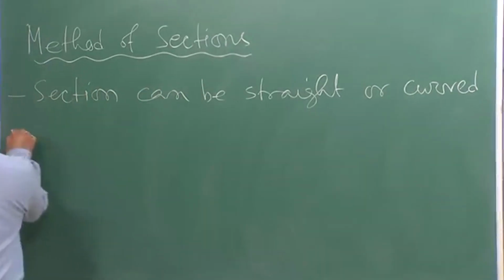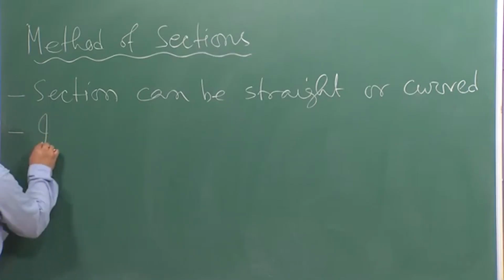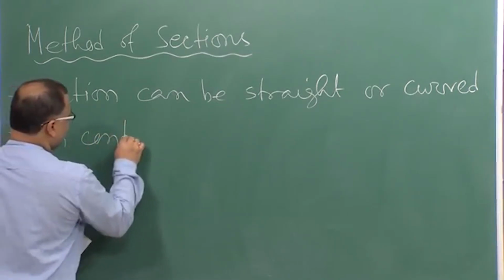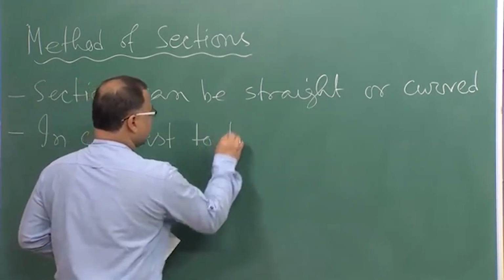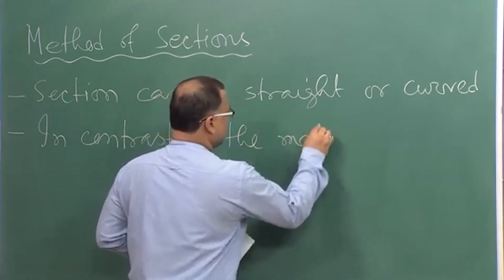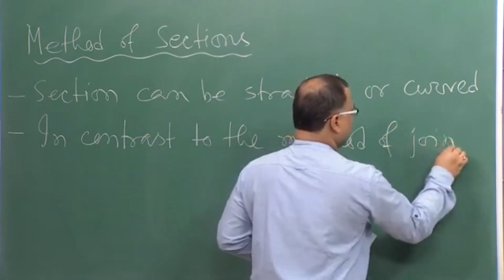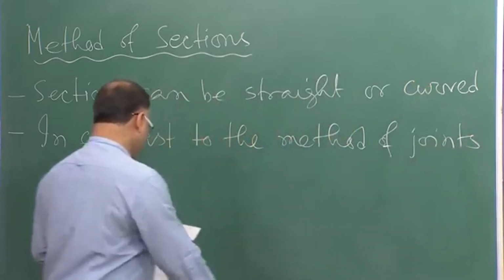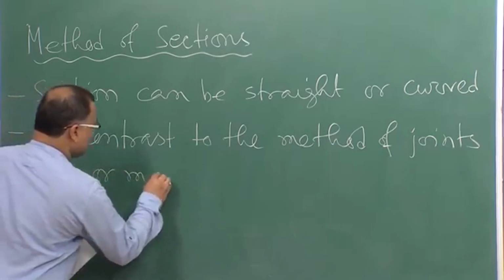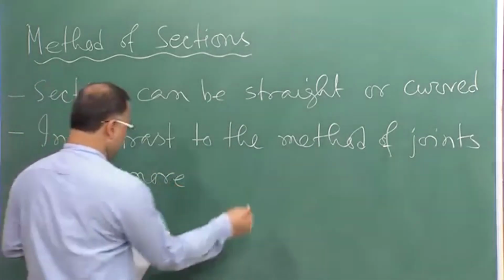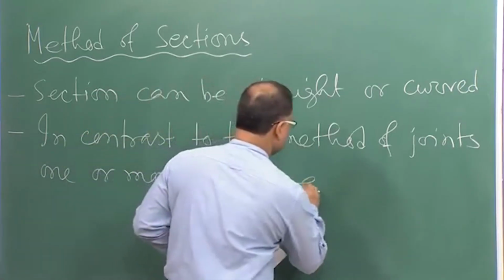The next point is, in contrast to the method of joints, one or more equilibrium equations.